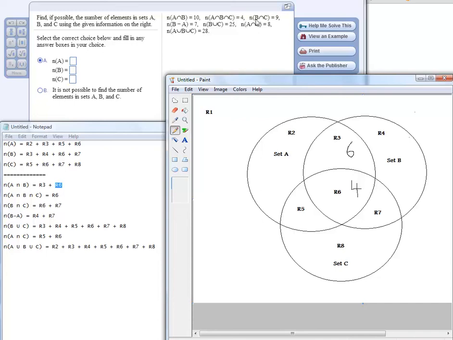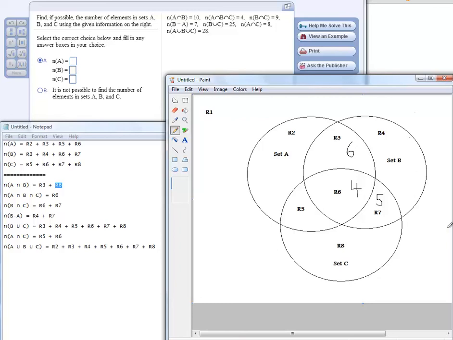Here's the number of elements in the set B intersection C. We can see that's 9 elements. Well, R6 and R7, which is the intersection of B and C, has 9 elements. We know that R6 has 4, and so R7 is going to have 5 elements. Let's see if I can draw that out there. All right, R7 is going to have 5 elements.